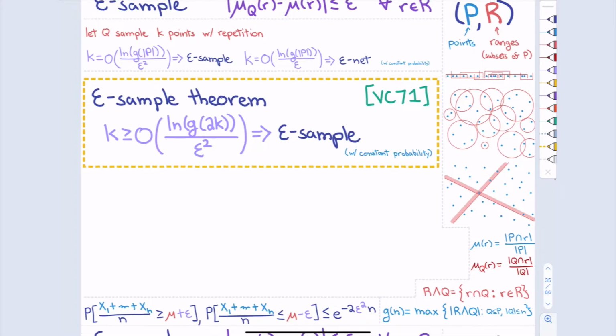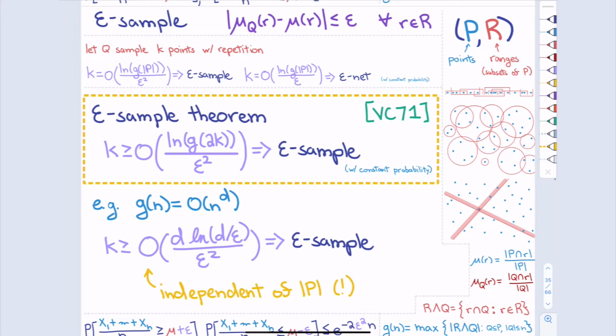So for example, if the growth was polynomial, like for a disk it was n cubed, but in general it can be n to the d. And many of these interesting systems are polynomial for some d. Then if you choose k to be roughly d log d over epsilon squared, then you'll get an epsilon sample with constant probability. Okay. But why is that exciting? That's exciting because it has nothing to do with the number of points originally.